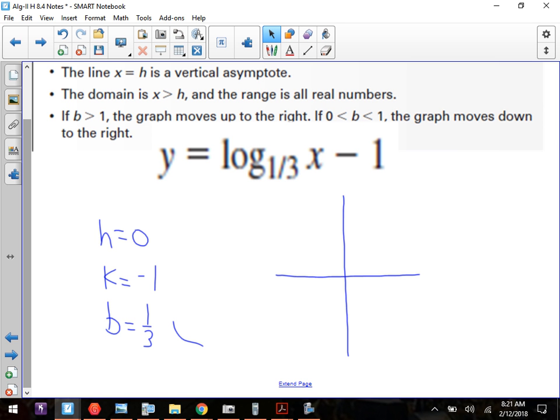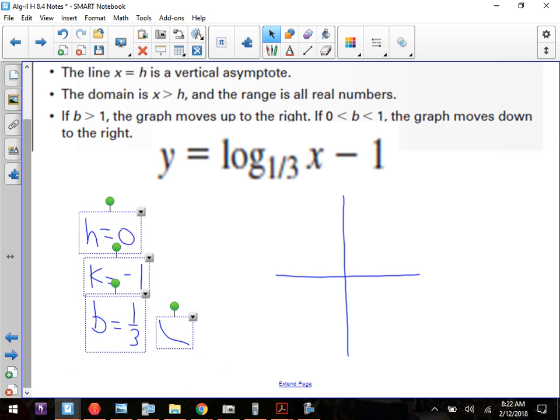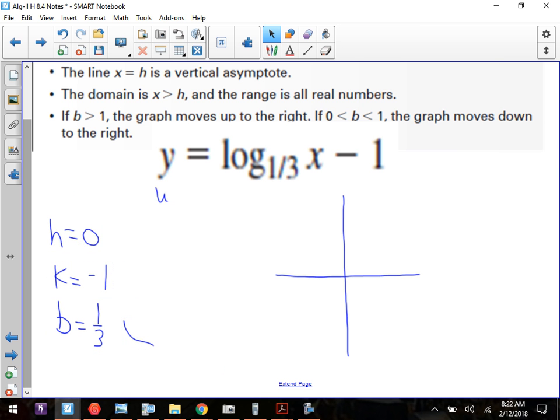Okay. So you're going to use these properties to create your ordered pairs to make it work.